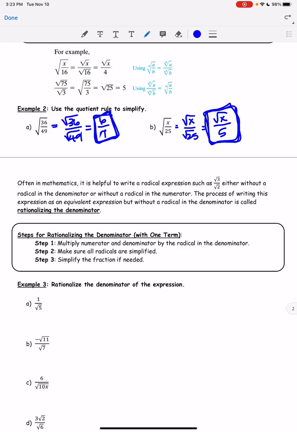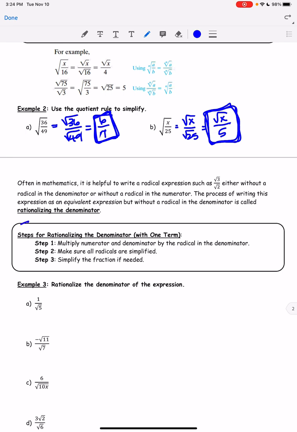So you may or may not technically need this. A lot of times though, when you're in your calculus class as well, even if your professor takes this answer here, they're going to have the answer written in rationalized form. And so to be able to check your answers in the back of the book to make sure you're doing your work correctly, it would help to also rationalize that denominator so you can check your own work.